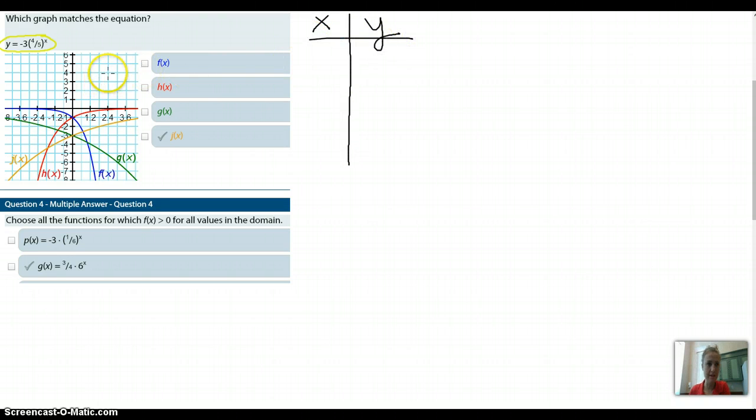So let's see here. If I put a 0 in for x, then y is equal to negative 3 times 4/5 to the, instead of x, it's going to be to the 0 power.